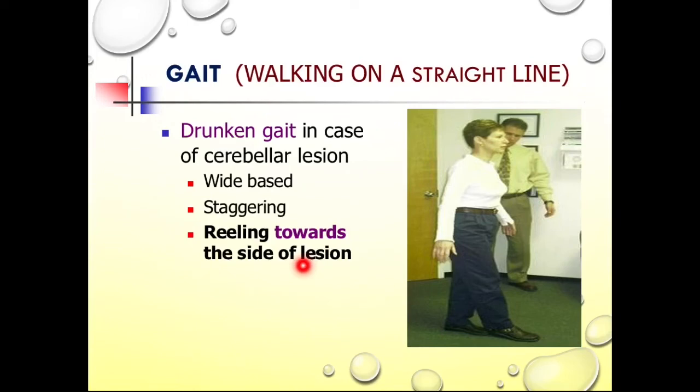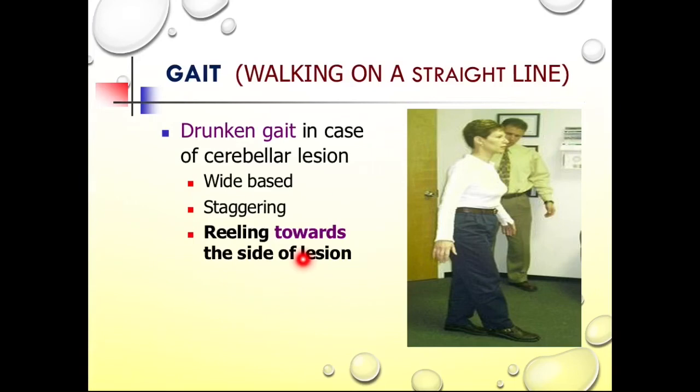If the person has an issue with the dorsal column pathway, which carries proprioception, vibration and position sense, then that person will be able to walk in a straight line with open eyes. If you ask the subject to close the eyes and walk in a straight line, that person won't be able to. It means that person is suffering from a dorsal column pathway lesion.